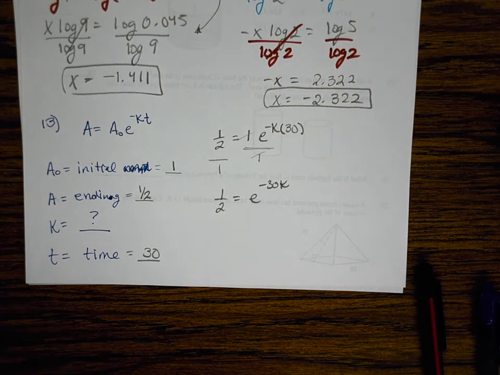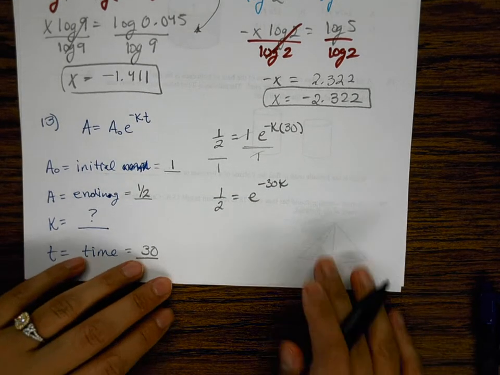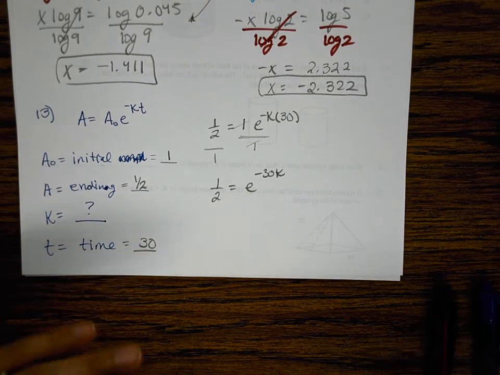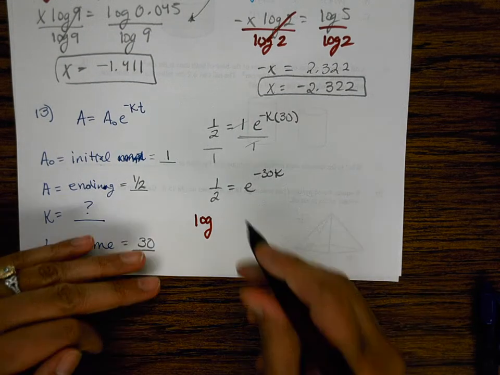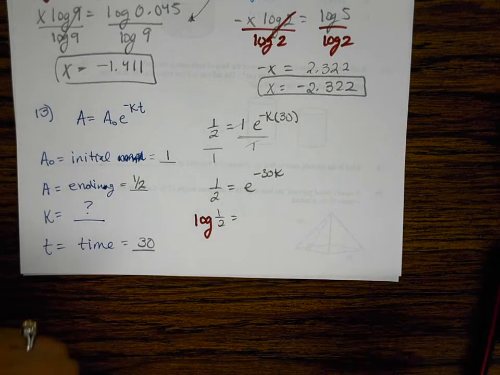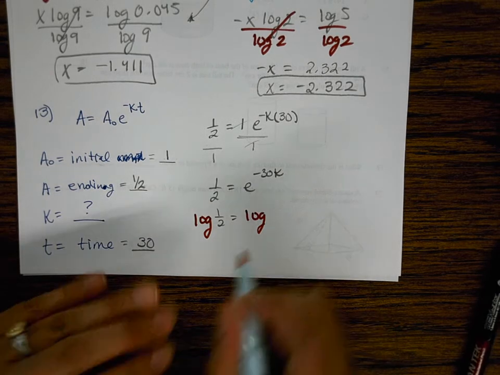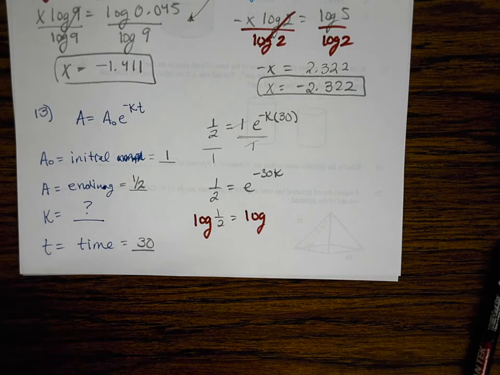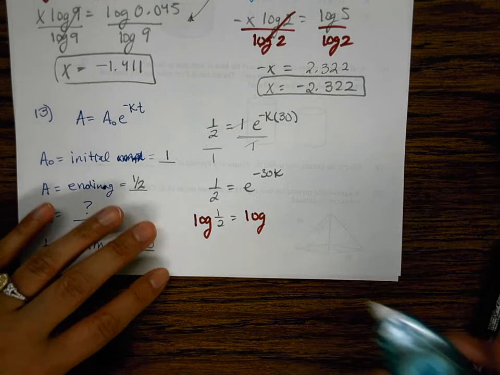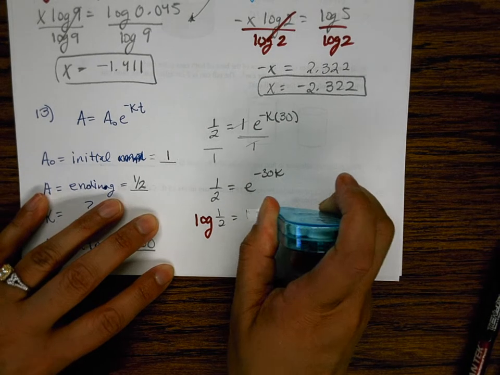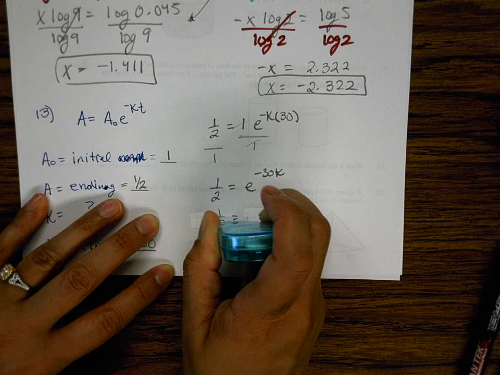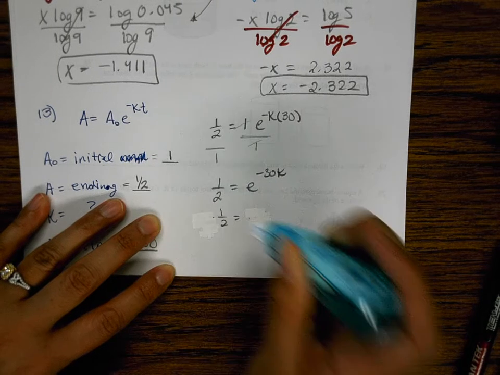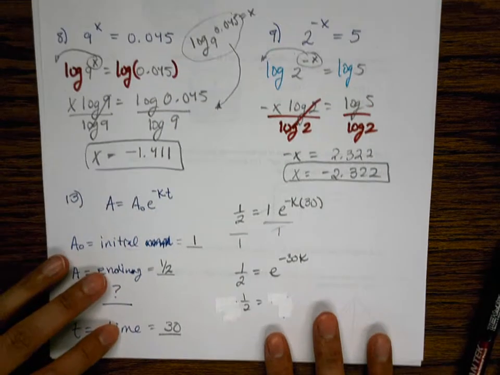Now I'm going to solve it the same way I did on numbers 8 and 9. You can change it to logarithmic form if you'd like. I'm going to take the log of both sides. Log of 1/2 equals log of, and I'm going to take a step back. I mentioned it in notes, but I'm going to jump back to 9 and 10 and mention it here.